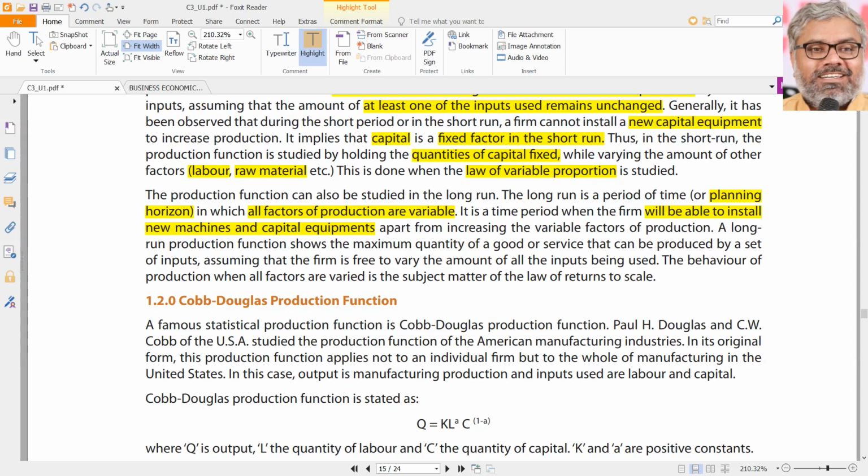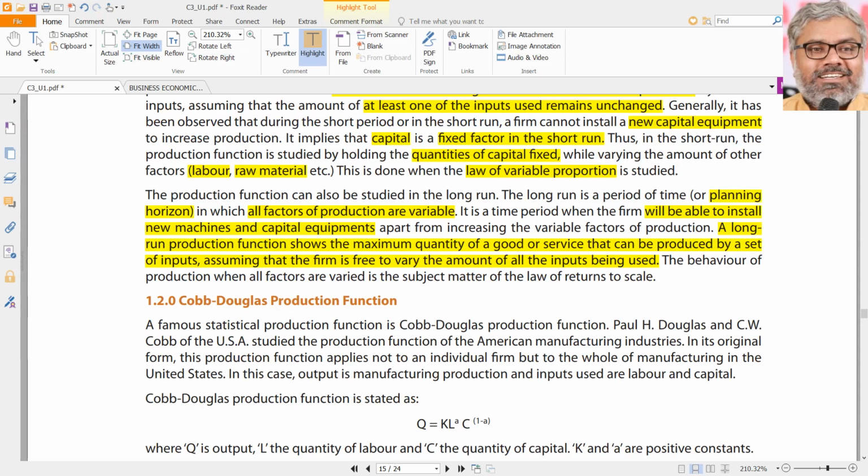So once again, to sum it up, what can be considered as a long run production function? That is the maximum quantity of a good or service that can be produced by a set of inputs, assuming that the firm is free to vary the amount of all the inputs being used.